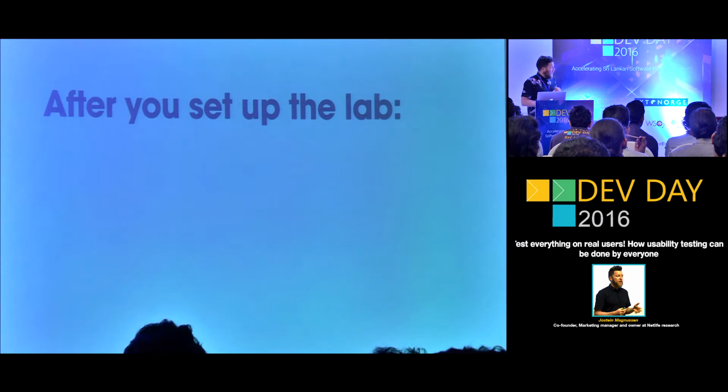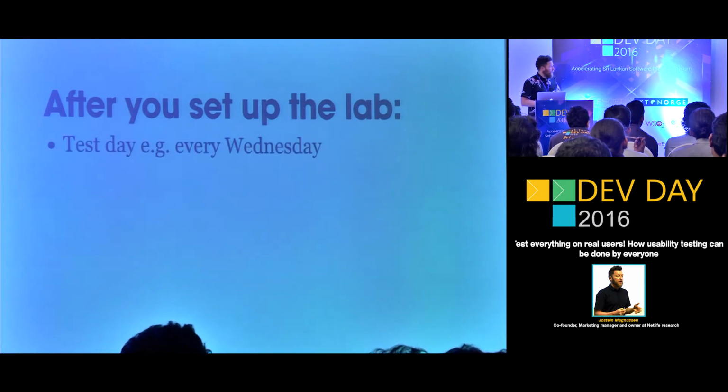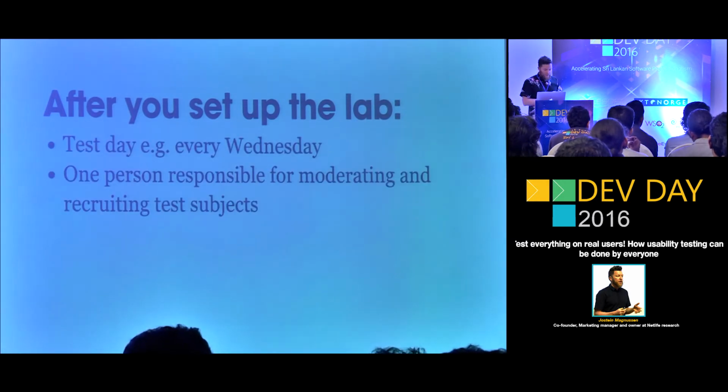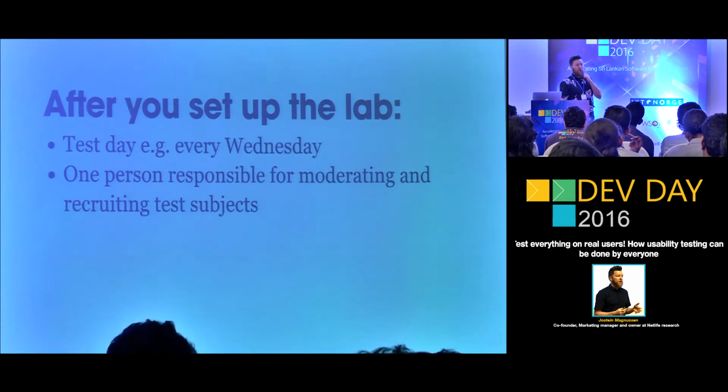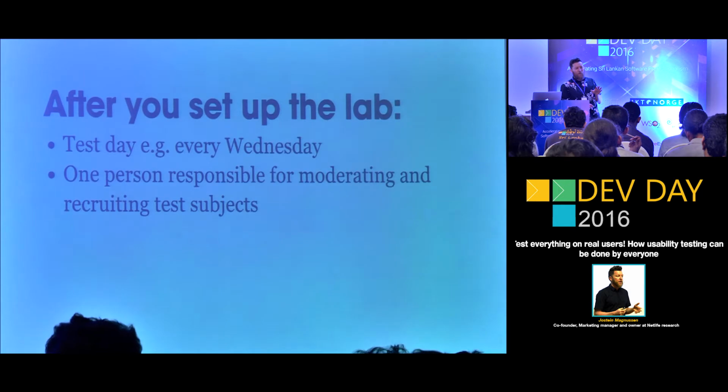And if you want to set up a lab, you can test every Wednesday, as I said, and there should be one person responsible for moderating the test, giving the questions, etc. So if you are building this software application and you are doing the tests, it's kind of hard to be objective, and it's kind of hard not to help the user.